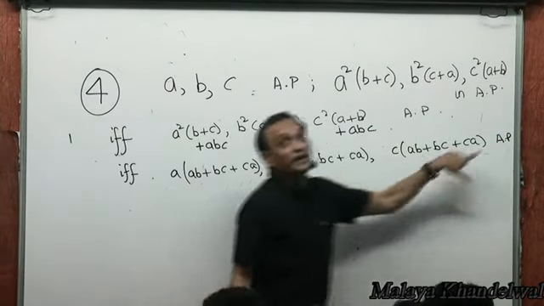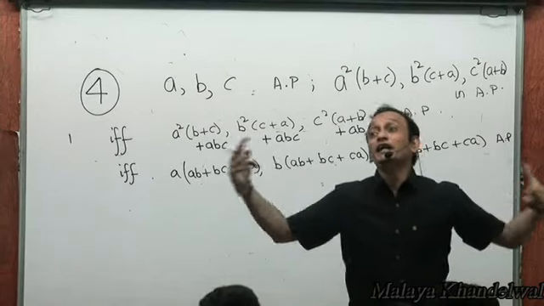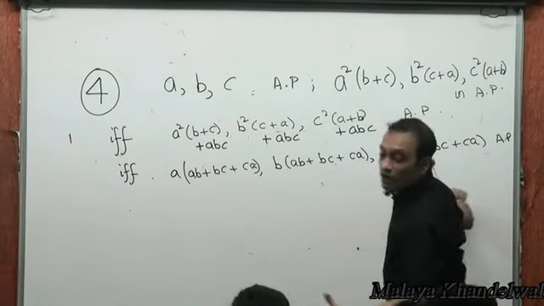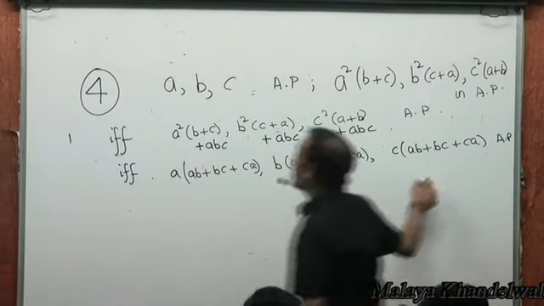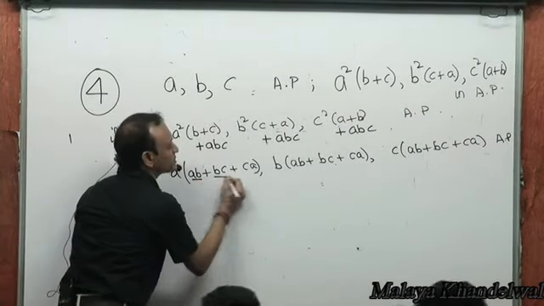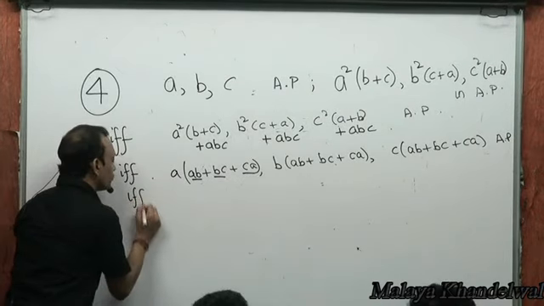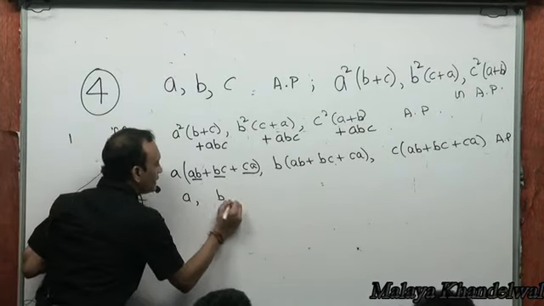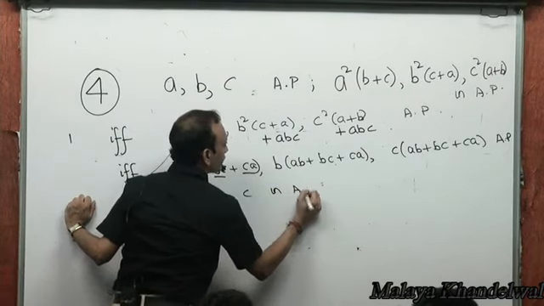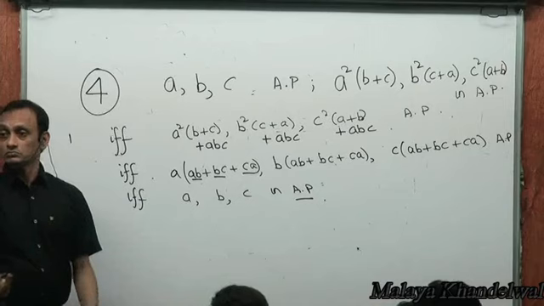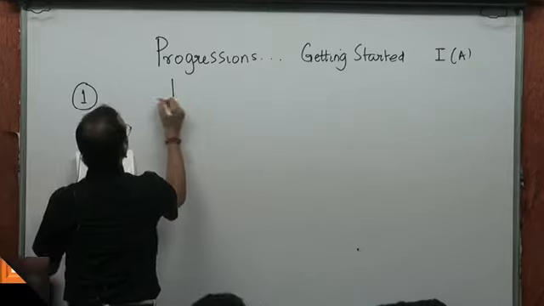These three would be in AP if this divided by any non-zero number are in AP. That means I can divide throughout by AB plus BC plus CA. When I do that, assuming AB plus BC plus CA is not 0, this would be true if and only if A, B, C are in AP. Yes or no?